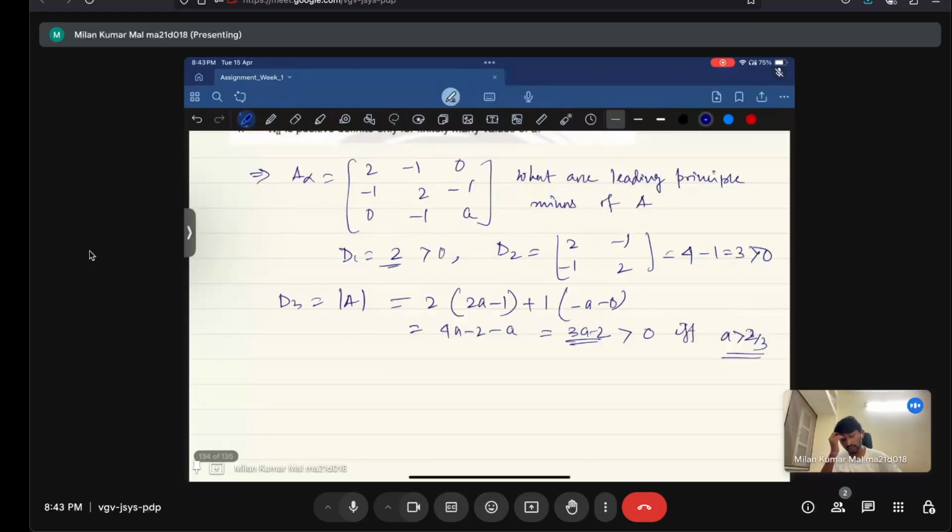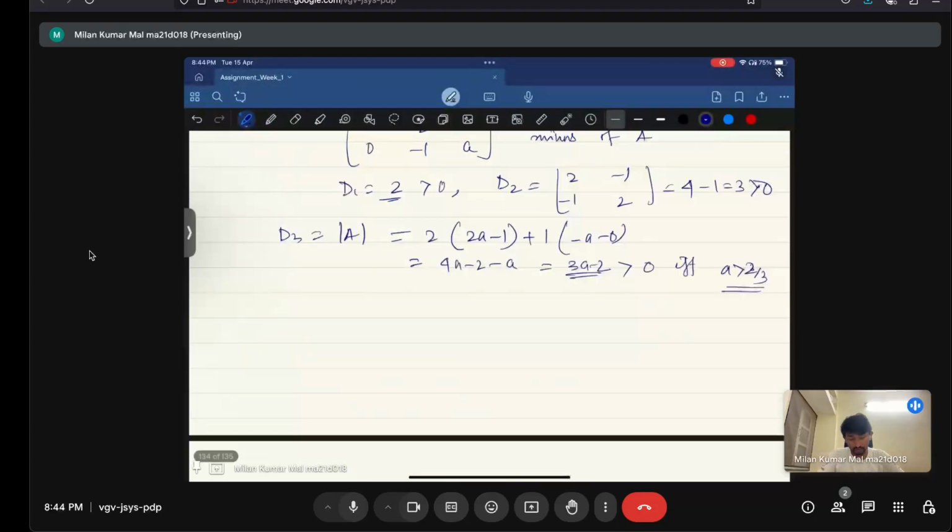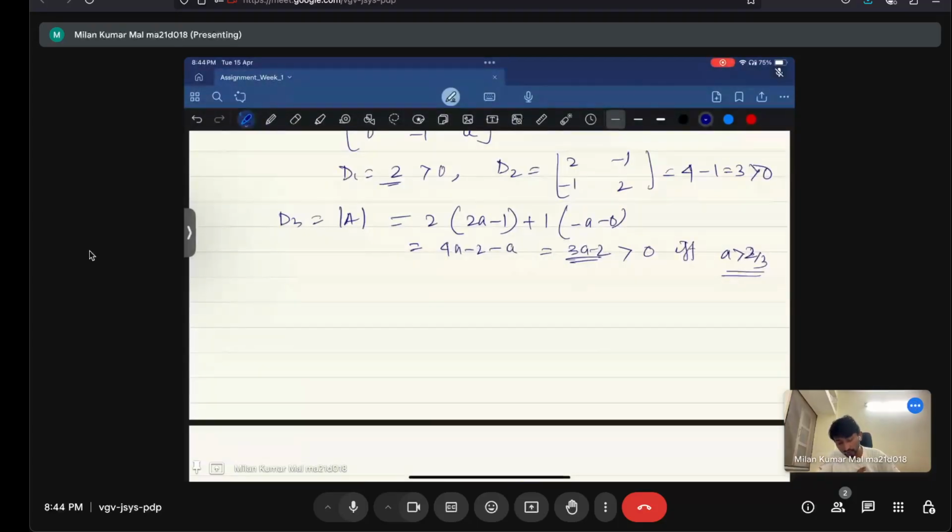Obviously this is not there, this is not there, and this is not there, because we are getting infinitely many values. But I'm thinking whether I have made any mistake or not. If a is greater than 2/3, then it will hold. Therefore option B is correct. Option B is the only correct one.